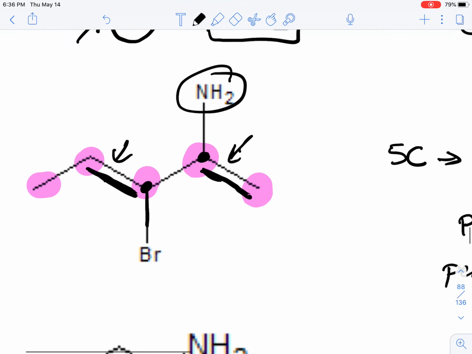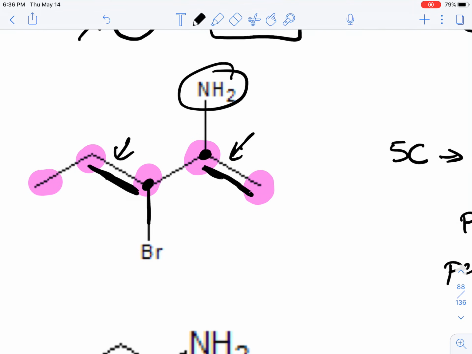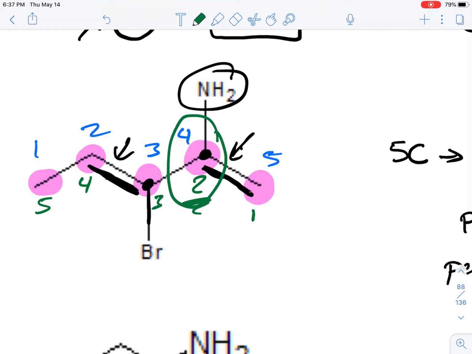And so if we want to number our carbons, we want to make sure that our amine gets the lowest possible number. So if we do this from left to right, we get 1, 2, 3, 4, 5. And if we go from right to left, I get 1, 2, 3, 4, 5. So since 2 is less than 4, then we are going to erase the numbering system in blue and keep the numbering system in green.